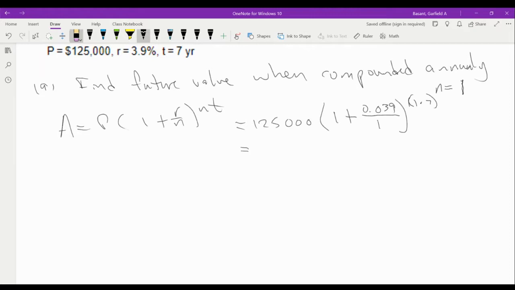So the consensus seems like it's 163,387.50, which doesn't seem like much of a return, right? How much money did you make? You started out with 125,000 and you ended up with 163,000.